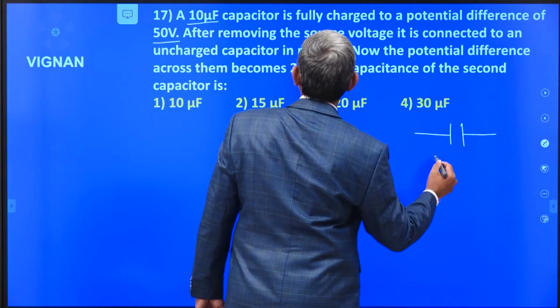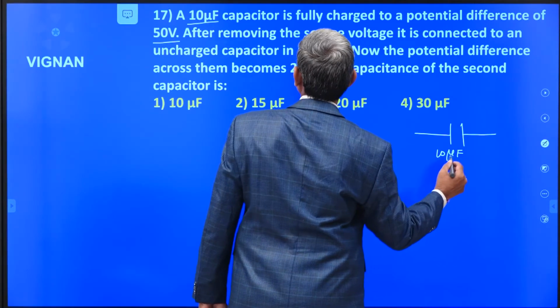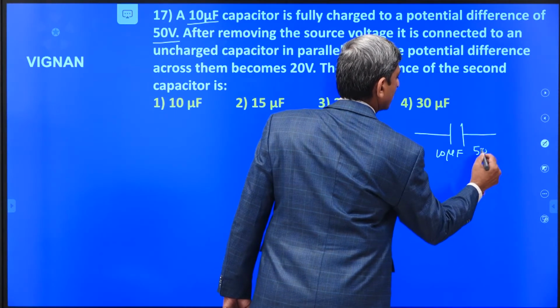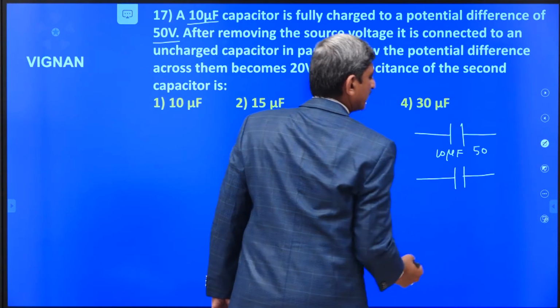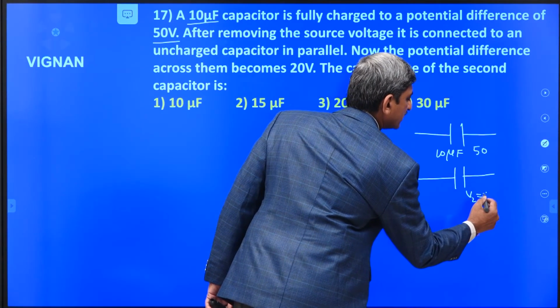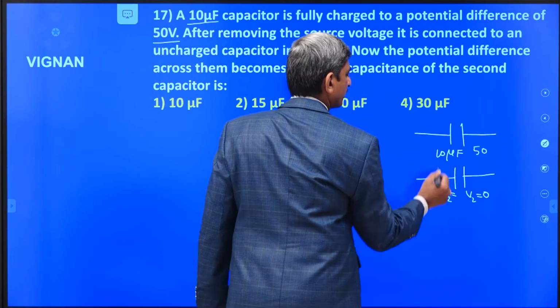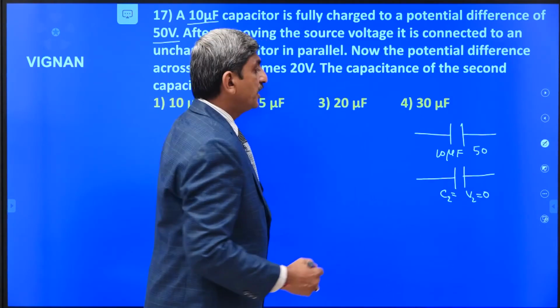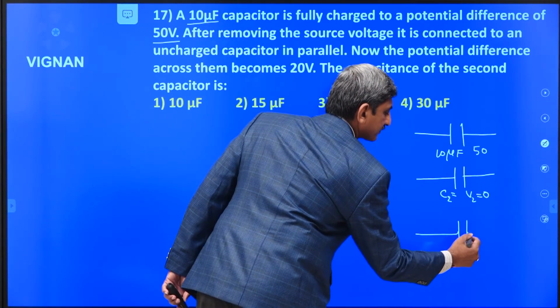The capacitance of the first capacitor is given as 10 microfarads and it is charged to 50 volts. And there is an uncharged capacitor. Uncharged capacitor means the potential across it is equal to 0 and its capacitance is also not given. Now these two are connected in parallel like this.